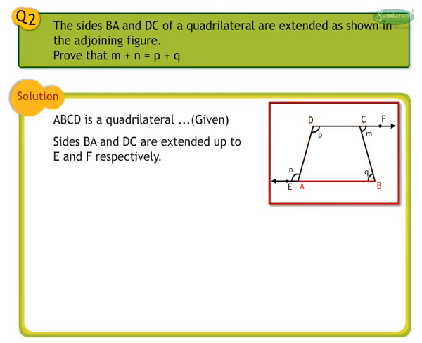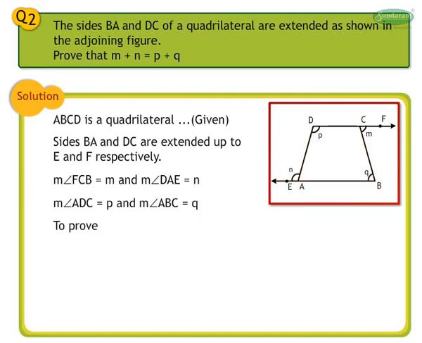Sides BA and DC are extended up to E and F respectively. Measure of angle FCB is equal to M and measure of angle DAE is equal to N. Measure of angle ADC is equal to P and measure of angle ABC is equal to Q. We have to prove that M plus N is equal to P plus Q.